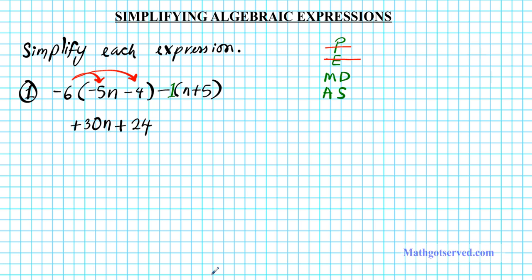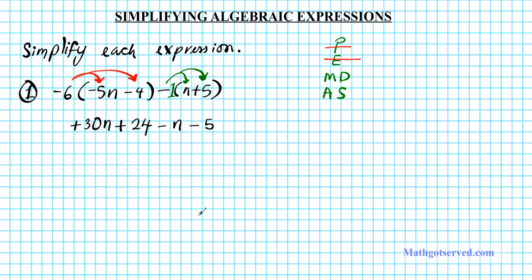So what we're going to do is distribute -1 to these two terms in the parentheses. Now if we do that, we'll have -1 times n is negative n. -1 times +5. Now the signs are different, which gives us a negative. 1 times 5 is 5.